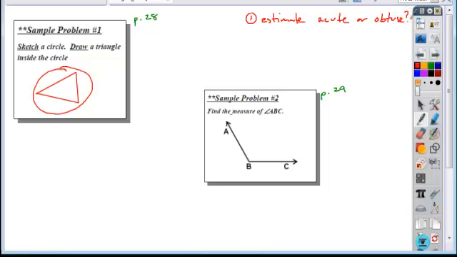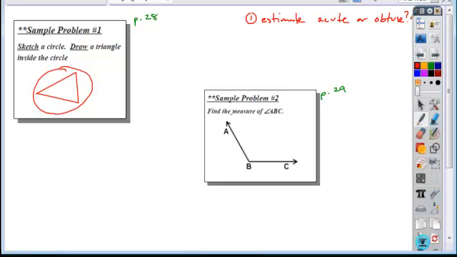The reason for that is the most common mistake on these types of measurement problems, because it's not a difficult thing to measure. Oftentimes when you look at the protractors, they have two numbers on each measure, an inside number and an outside number. So the most common mistake is to read the wrong number.